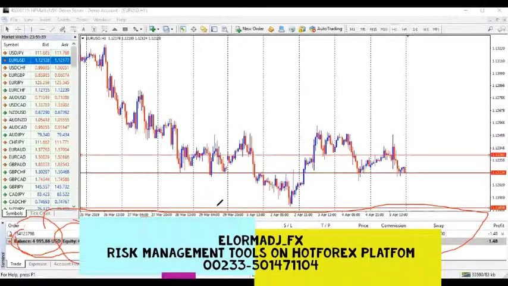This account is 1:100. I used 0.02, and my margin is 2.84. The balance is $4,995.86, my equity is 4,994.38, and my margin is 2.84.